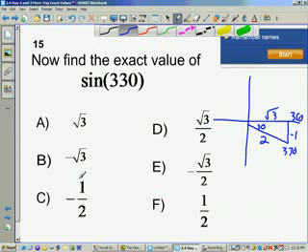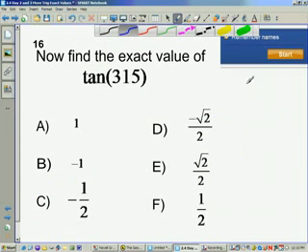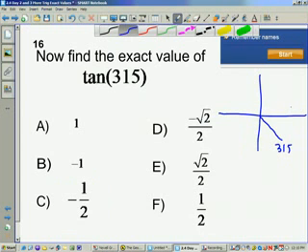So sine would be negative 1 over 2. Tangent of 315. 315, again, quadrant 4, leaving 45 degrees between 315 and 360. So I have 1. That'll be negative 1 since we're going down, root 2. Tangent is going to be negative 1 over 1, which is negative 1.